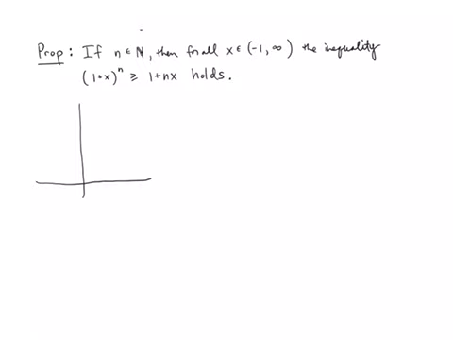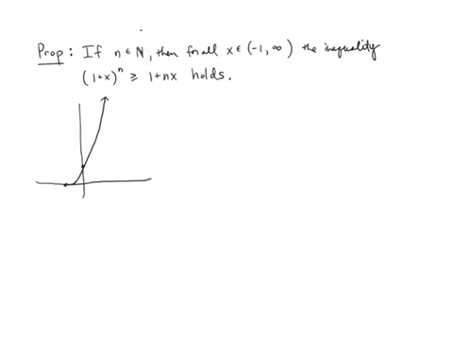So at -1, it's equal to 0, and then it's this polynomial function like this.